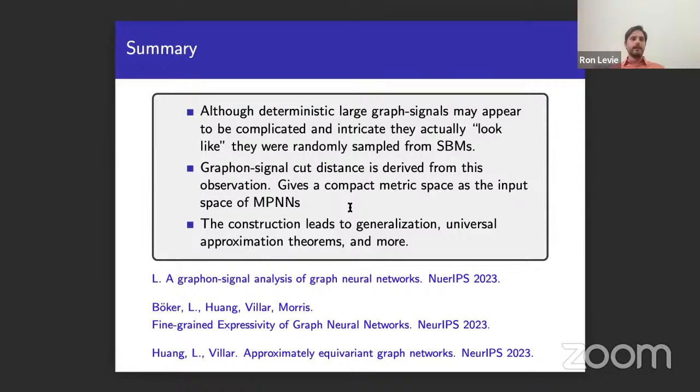This shows us that under this metric, the space of graph signals is dense in a compact space. And on the other hand, message passing networks are Lipschitz continuous. And these two properties together allow us to prove universal approximation theorems and generalization theorems, sampling.